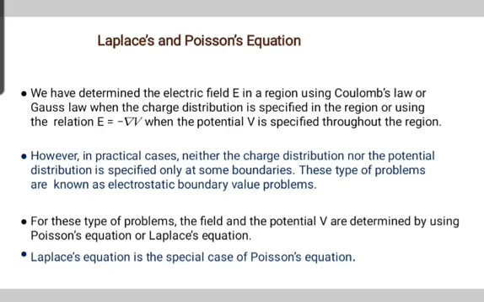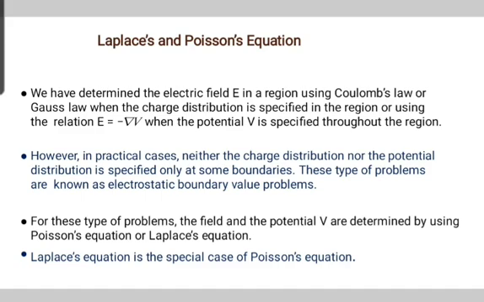So the Poisson's equation is an elliptic partial differential equation of broad utility in theoretical physics. We have already determined the electric field E in a region using Coulomb's law or Gauss's law when the charge distribution is specified in the region, or using the relation E equals minus del V, when potential V is specified throughout the region.